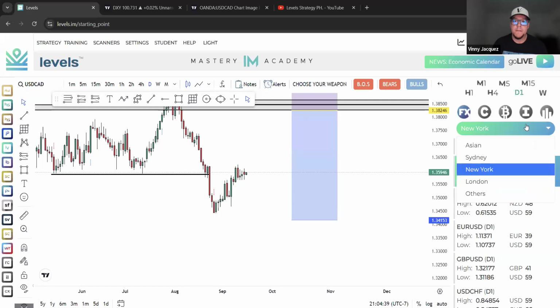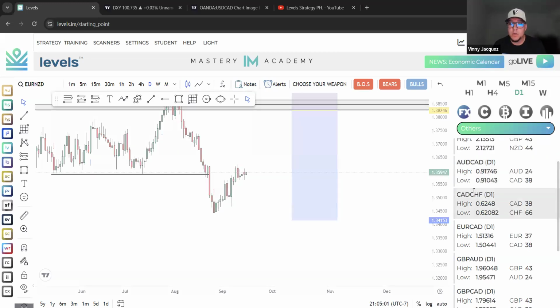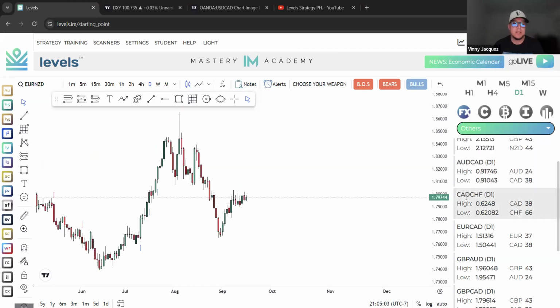So if you guys are just starting out, guys, Sydney and Aussie pairs are slower, but the structure respects the most, right? So anything that has AUD, I would write this down.